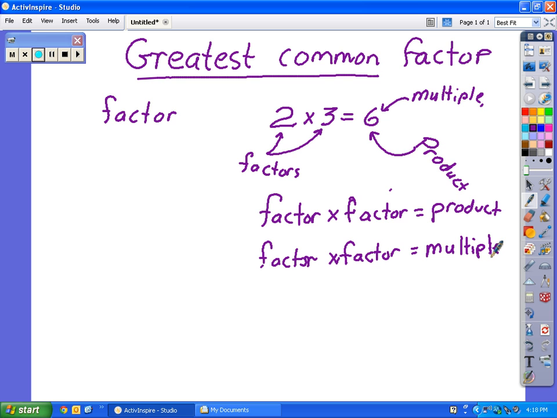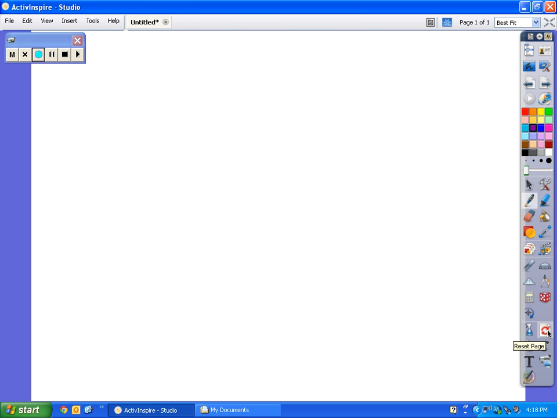So let's look at common factors first. Let's say we want to find the common factors of 12 and 8. Well, first let's think of all the factors of 12. In other words, we're going to ask ourselves, what can we multiply together to get 12? Well, 1 times 12.